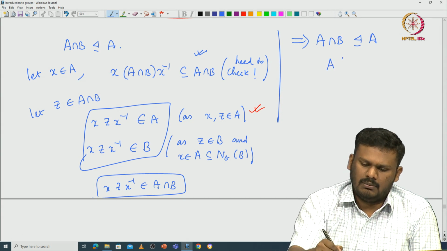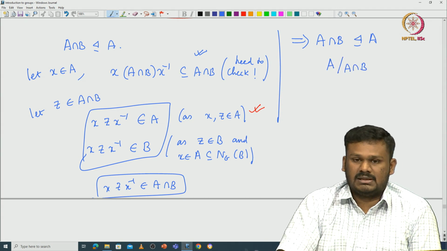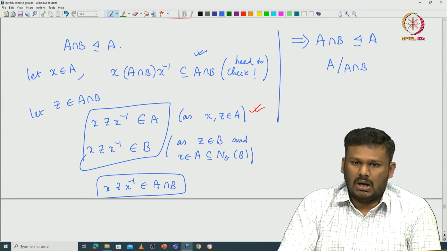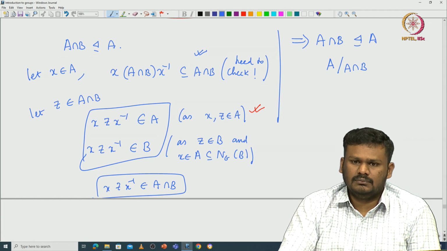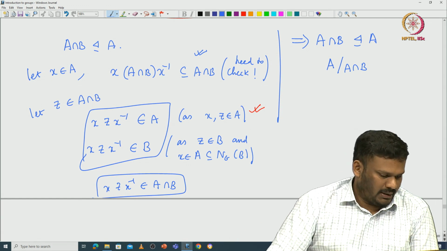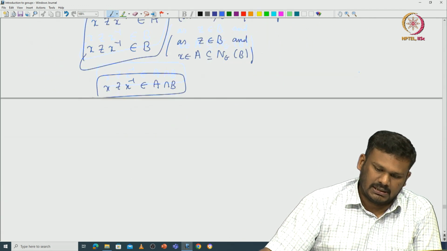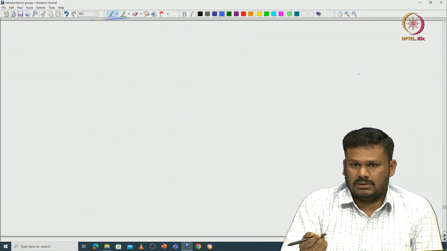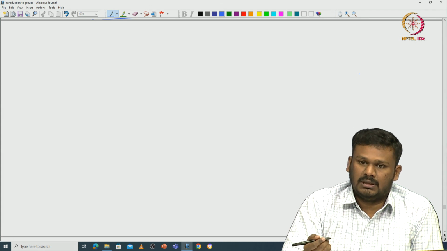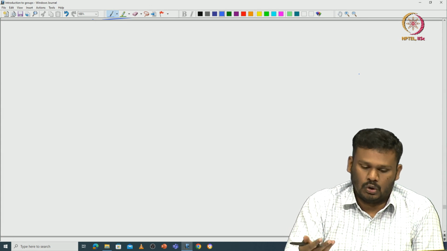That means A modulo A intersection B makes sense. So, now how do we prove that indeed we have this isomorphism? Okay. So, for that we need to construct this map. Let us construct the map and then of course, we need to use the first isomorphism theorem to conclude anything about the quotients.